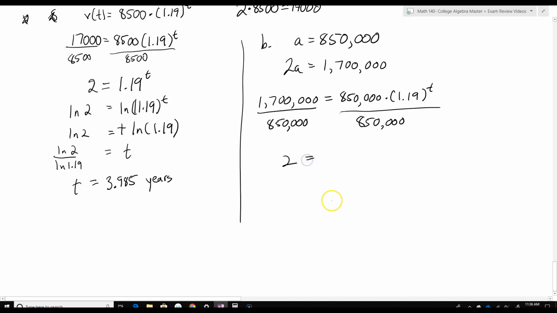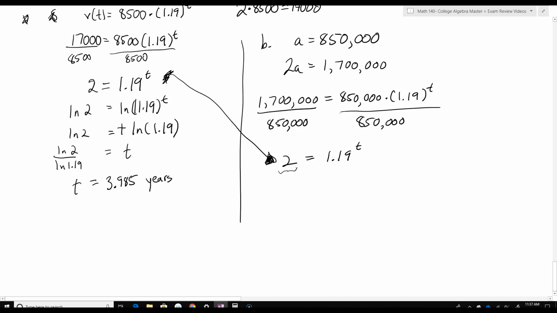what I'm left with is 2 equals 1.19 to the t. Well, take a look here. These two are exactly the same. So this whole idea, whether we're doing half-life or doubling, those problems are actually independent of your initial value because after algebra, you're going to end up with 0.5 in the case of half-life, or in the case of doubling, you're going to end up with 2.